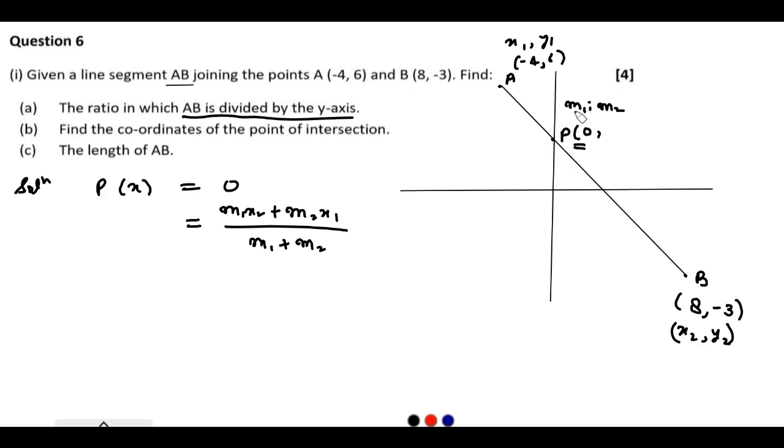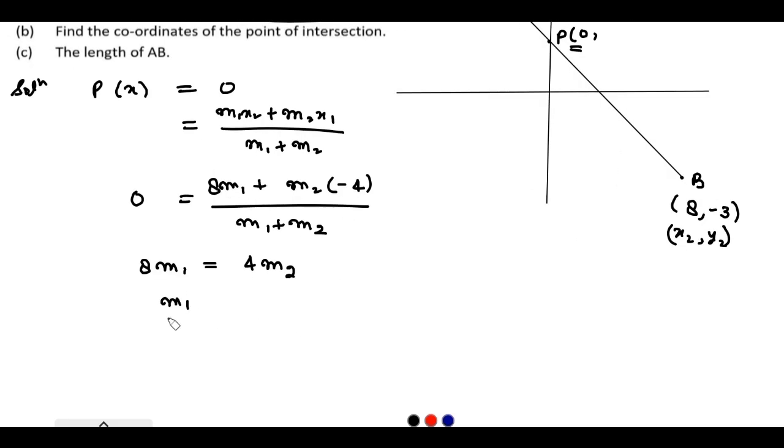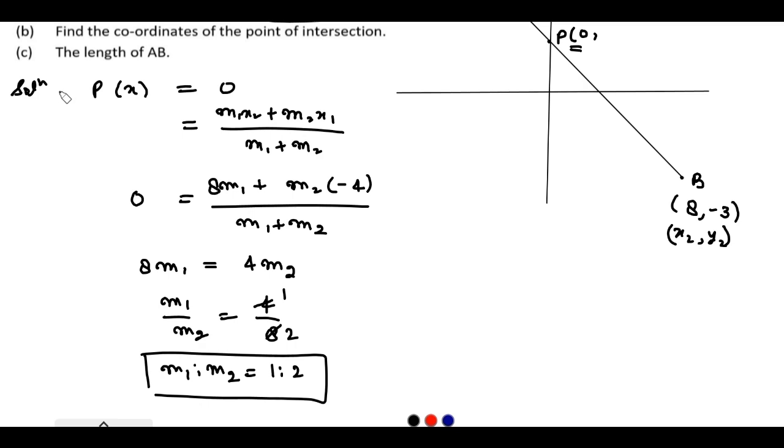Always remember, you have to select point x1 y1 on the side of m1. Now put the values. X coordinate of P is 0, x2 is 8 and x1 is -4. Cross multiply. AB is divided by the y-axis in the ratio 1:2. This is the answer for part 1.